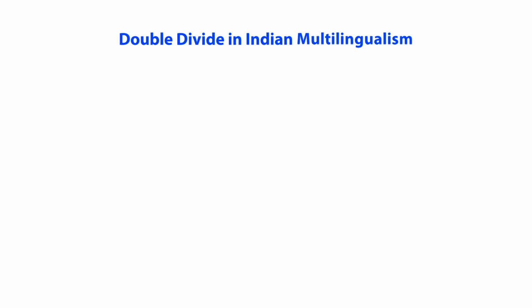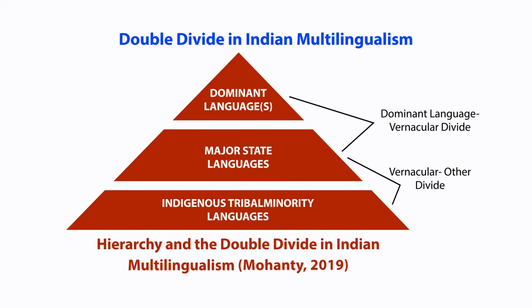So, how will we put it? This language hierarchy you can apply to almost any region of India. This puts mother tongues in the back seat. So, let us look at how Mohanty explains this. There is a double divide in Indian multilingualism.